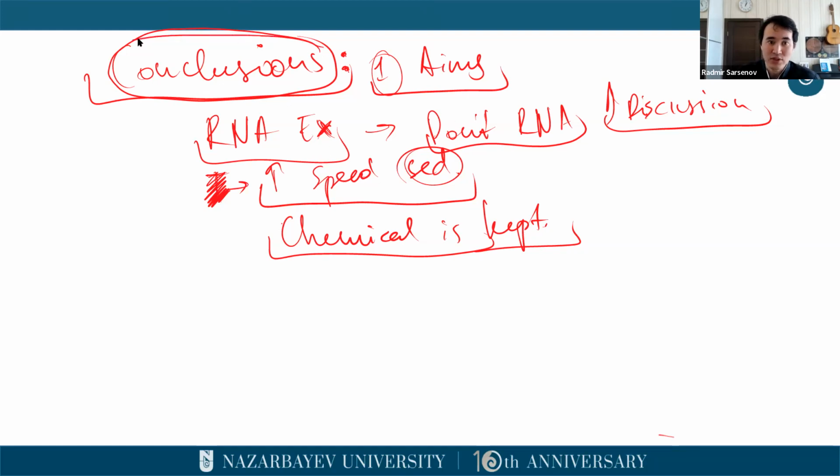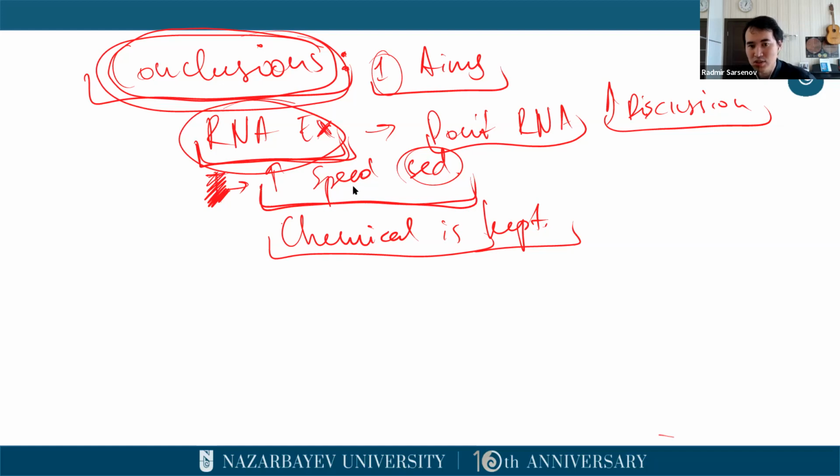So these conclusions, they are for you, for future you, to see, okay, so I don't need to read through all discussion again and again to come to these conclusions. So I just have them. Okay, so I did not receive any RNA at the end. And this is because I had bad sedimentation speed. So chemical looked fine.